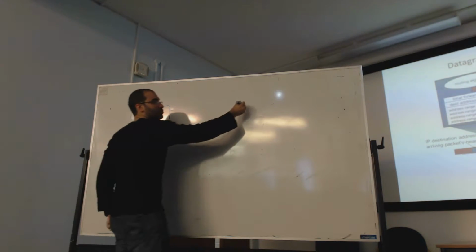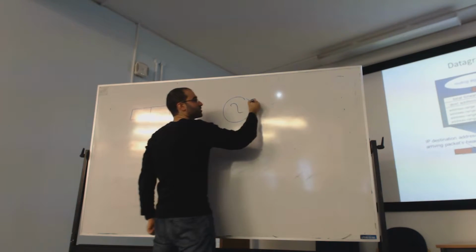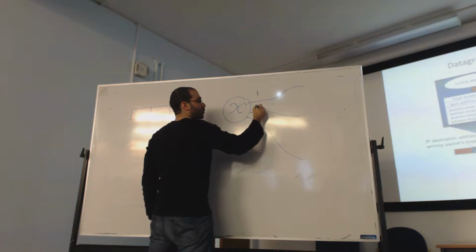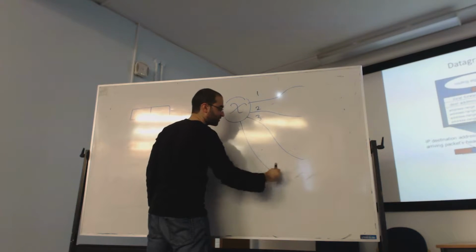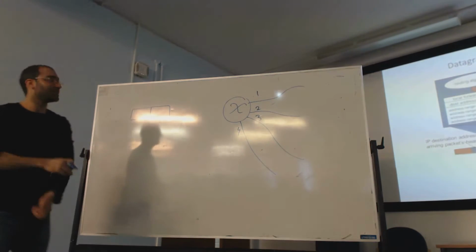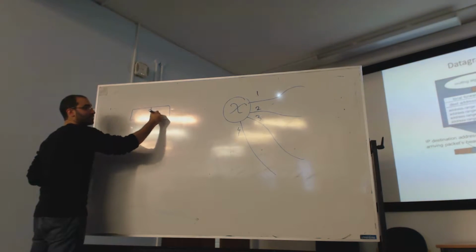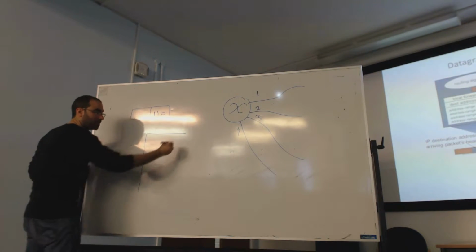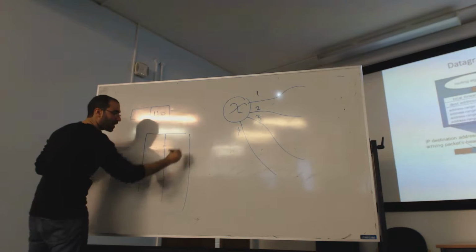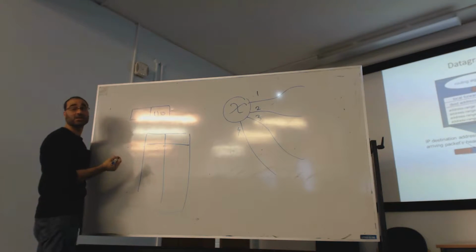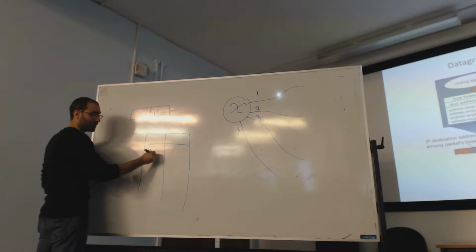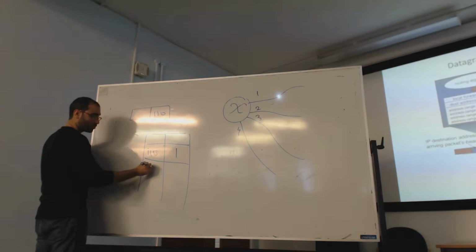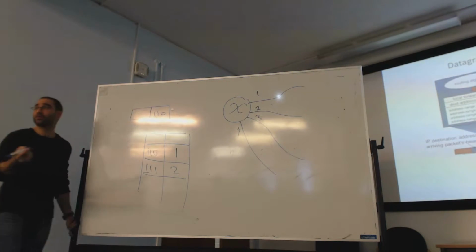So if I have this router, and this router is connected to outputs, let's mark down 1, 2, 3, and then a fourth one. The header will contain an indication to the router to look at the forwarding table and work out that range of information, where it should be sent. Usually I'll have that range of information associated with an actual interface. So 111 will be, for example, 2 and so on.